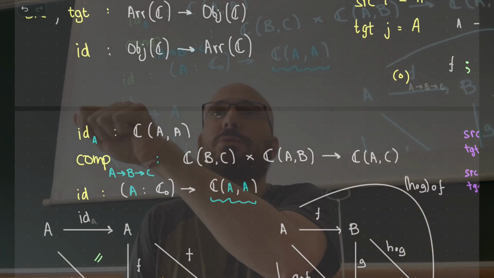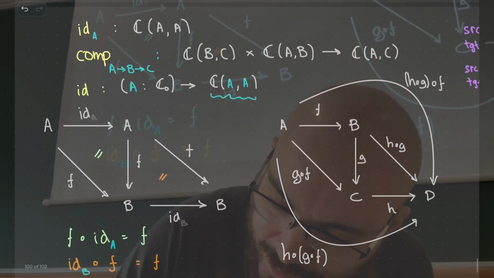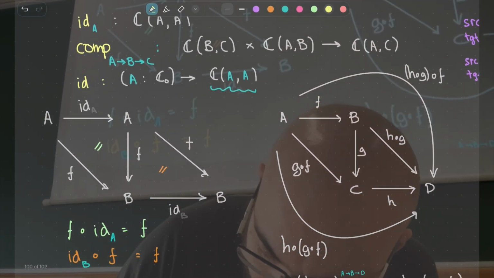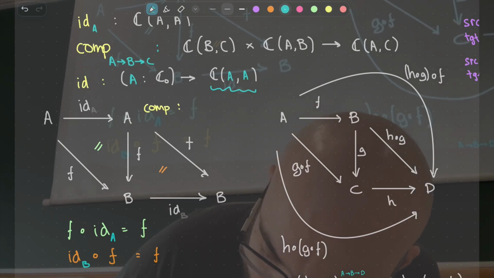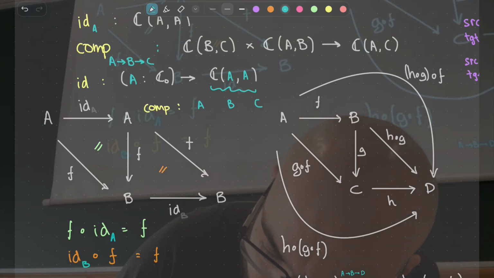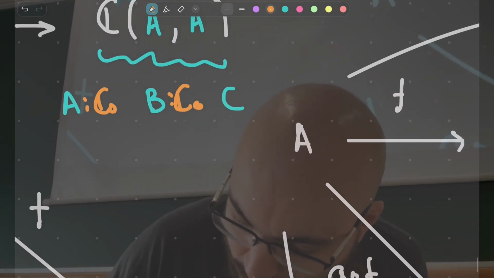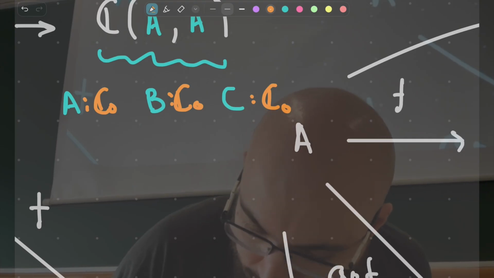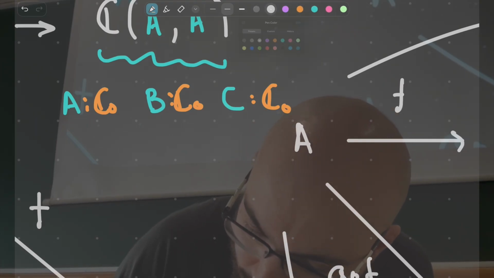I need to speak of this A. And the same thing with the composition would be something like, I need to parameterize all those things now. So you take an A, a B, and a C. All these are objects. And we'll write it in a curried way.